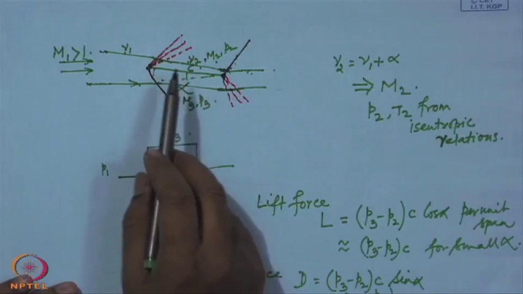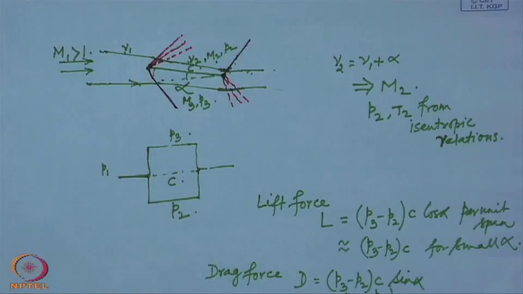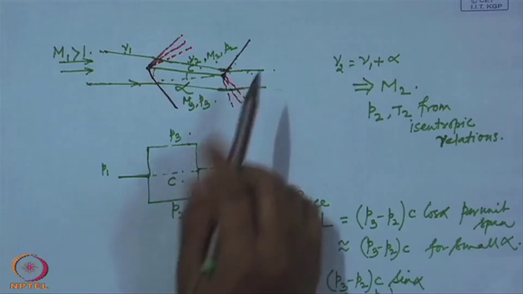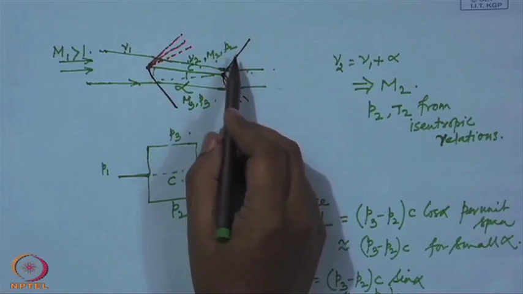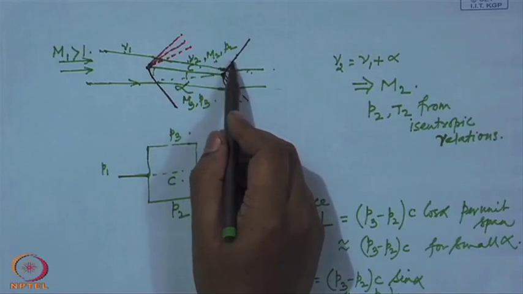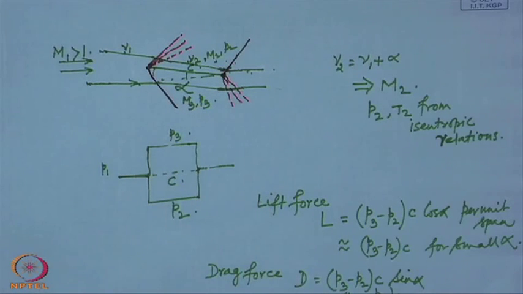Now, the upper surface flow and the lower surface flow experience the shock at different Mach numbers, the upper surface shock being at higher Mach number, and consequently for the same amount of turning this will be a stronger shock. So, on the upper surface we have a stronger shock compared to the shock on the lower surface.